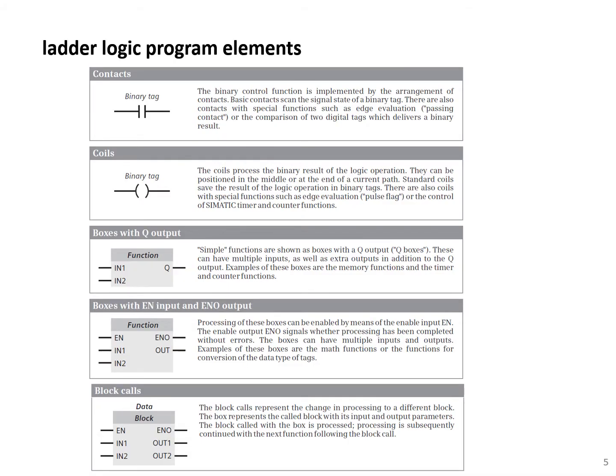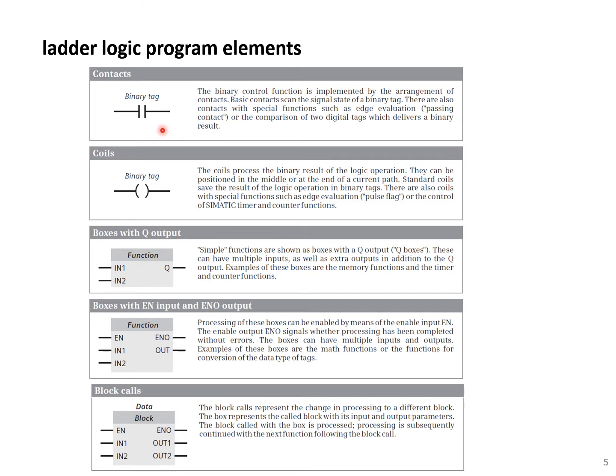Ladder logic program elements. We have contacts, which could be, for example, a binary tag. We have coils, which again could be a binary tag. Contacts usually are inputs to the system.